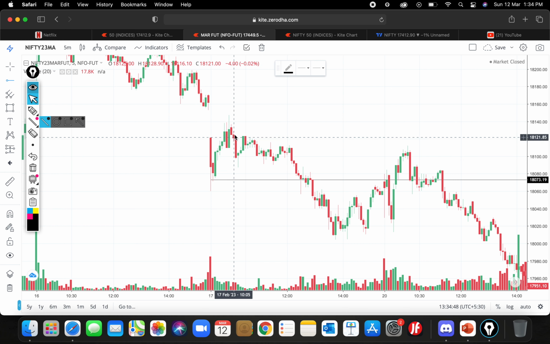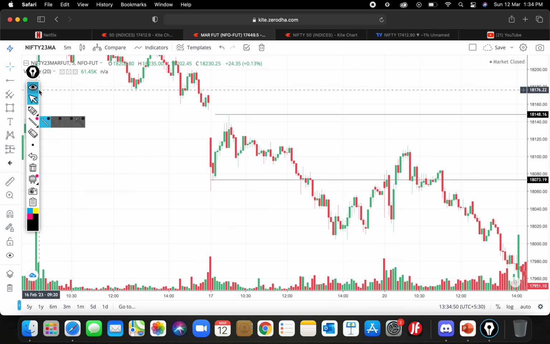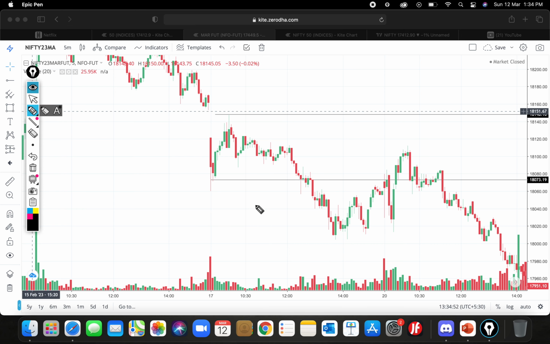This is where a resistance was confirmed. Once a range was marked, we'll be looking at the market activity. We could see that the market was trying to push towards the downside. No swing highs were broken, so it was creating new lower highs. Once a resistance was created, we were waiting for a new lower high to be created.